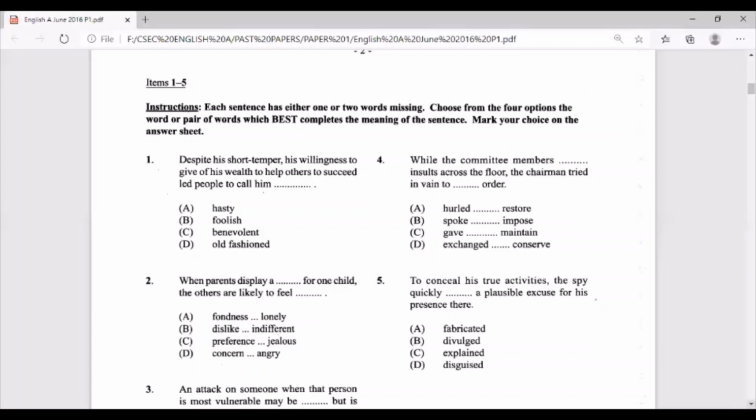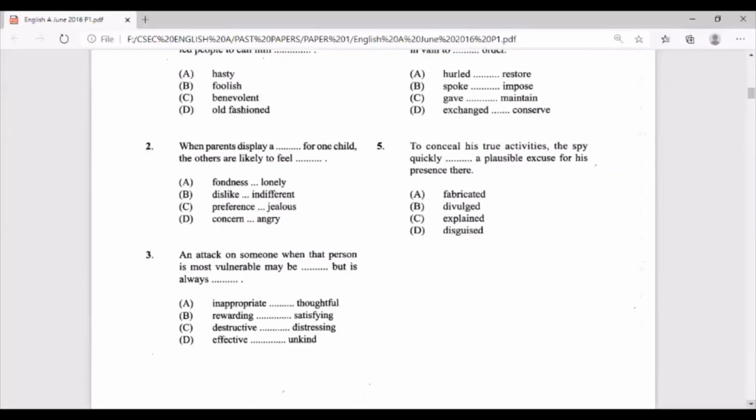Number 3, an attack on someone when that person is most vulnerable may be blank, but is always blank. You attack someone when they're most vulnerable. Vulnerable meaning you're at a weak point. So you attack them when they're weak. Good attack, right? But the 'but' now, of course, is showing contrast.